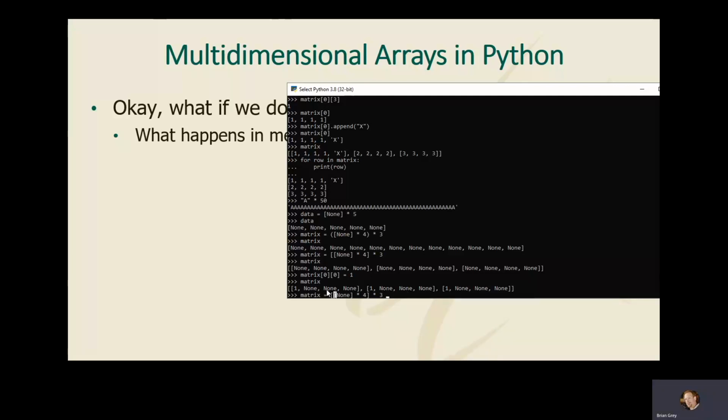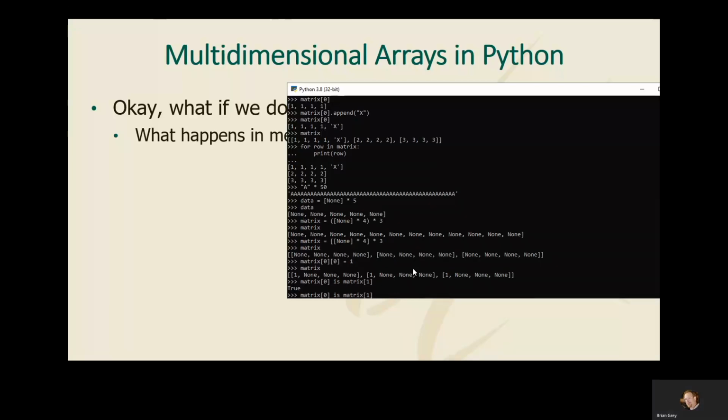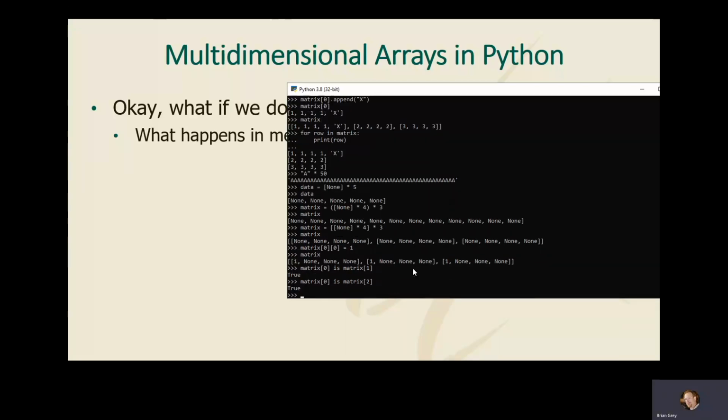So what we're doing is we are creating matrix 0 is matrix 1, right? Matrix 0 is matrix 2. All we're doing is copying the reference. So we're not even doing a shallow copy. We're doing an alias of that row.